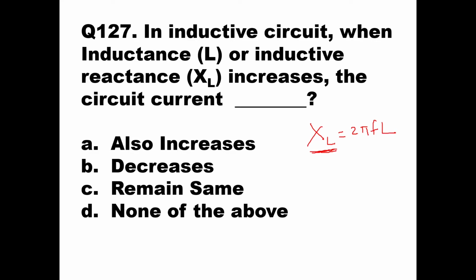So it is the opposition to the flow of current provided by the inductor. Now, if that increases, the circuit current should decrease because somebody is opposing the flow of current. That means option B will be the right answer. It should decrease. So in an inductive circuit, if inductive reactance increases, the circuit current decreases.